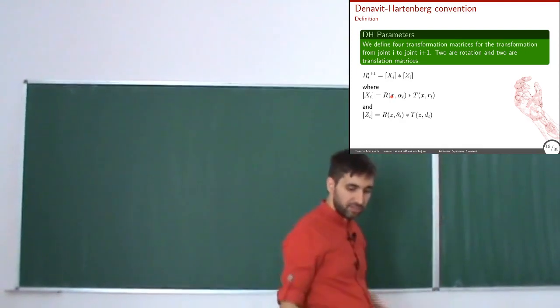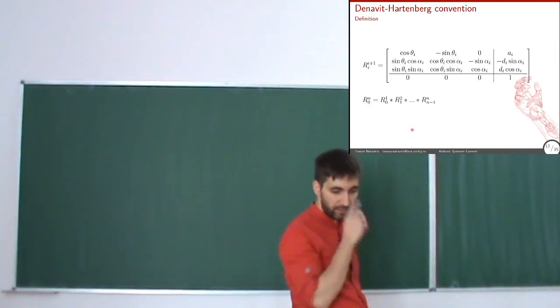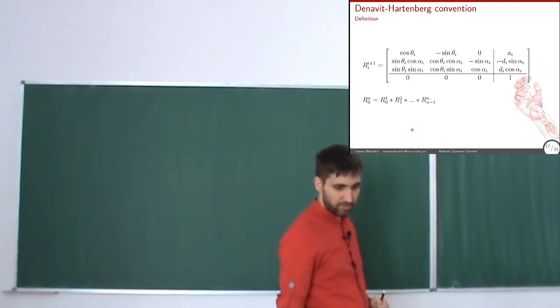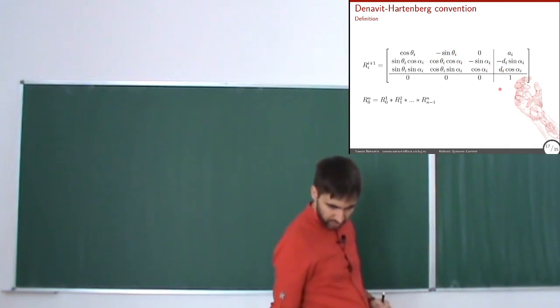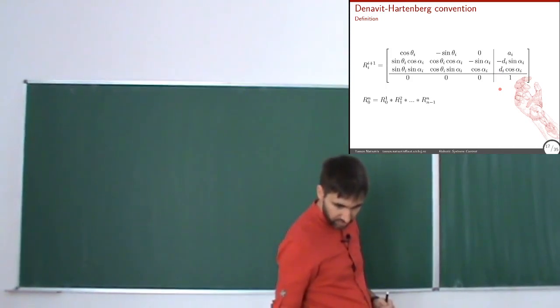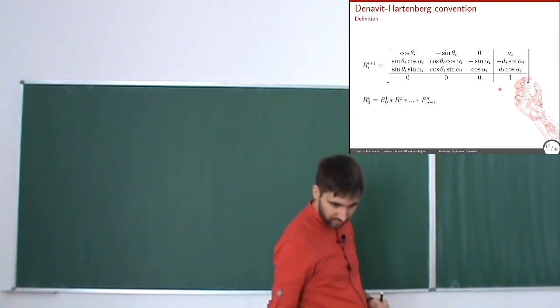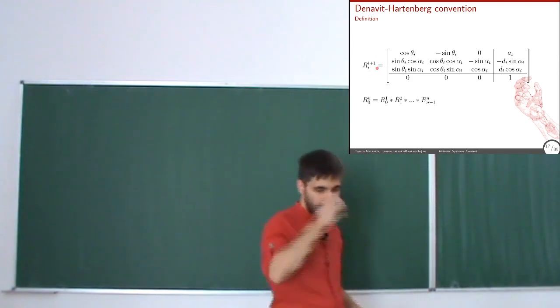So if I do these multiplications all together, these 4 ones, I will end up with a general transformation matrix, which here, excuse me, you see the parameters that we talked about, theta, alpha, d, and r should appear somewhere. I might have a typo here. Okay, and that defines the transformation from joint I to joint I plus 1. That's the idea.